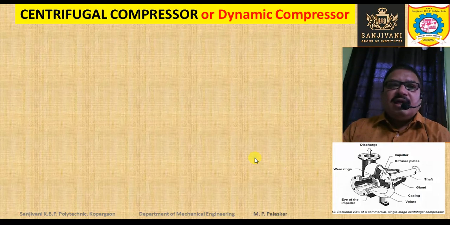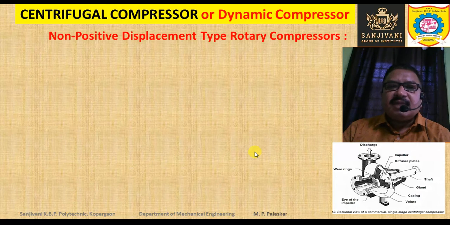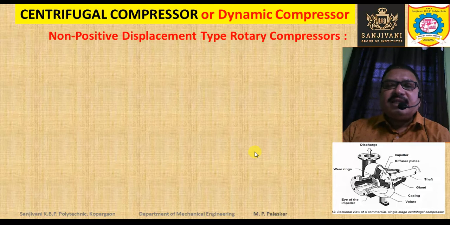So the centrifugal compressor is a non-positive displacement type compressor. It means that in this compressor the kinetic energy of the air is converted into pressure energy.